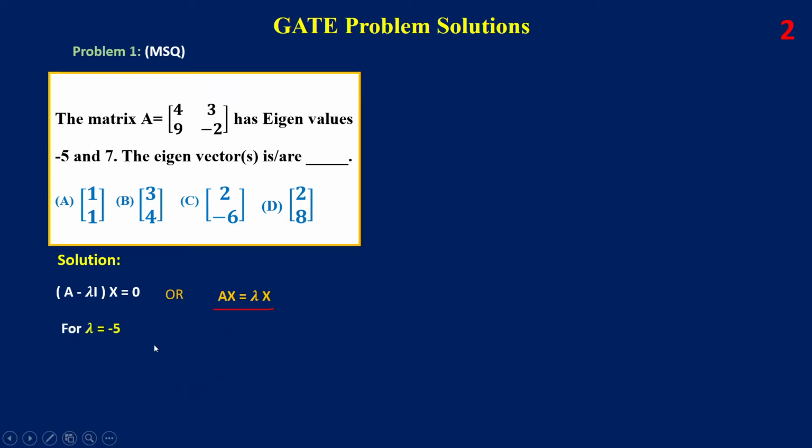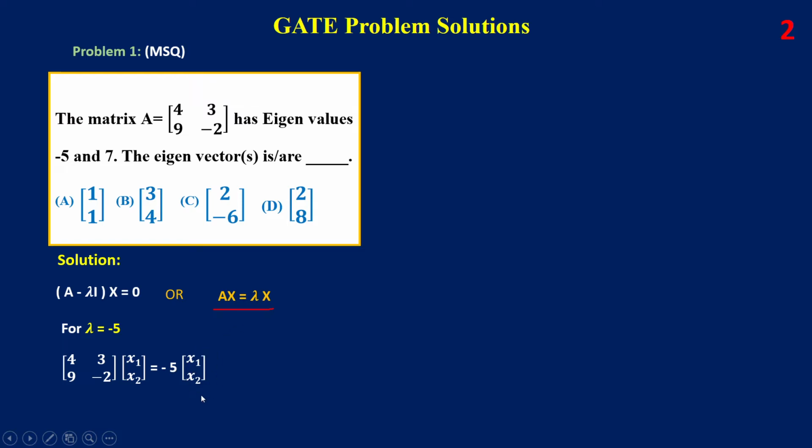Two eigenvalues are given, -5 and 7. Let me substitute lambda equal to -5 in this formulation. A is the given matrix, with elements 4, 3, 9, -2, times x, the eigenvector with variables x1, x2, equal to -5 times x1, x2.